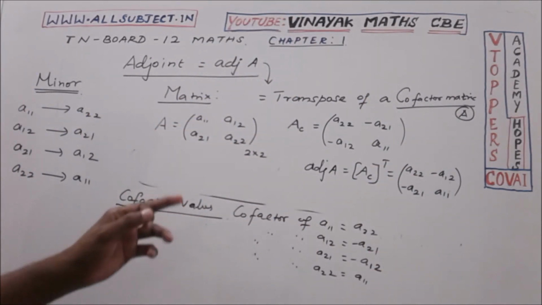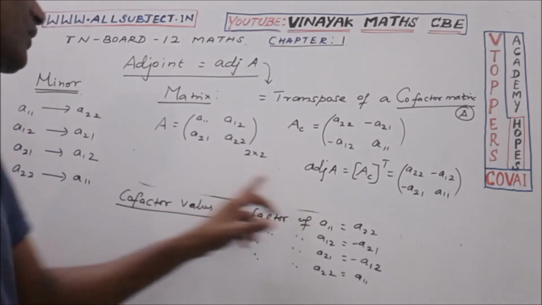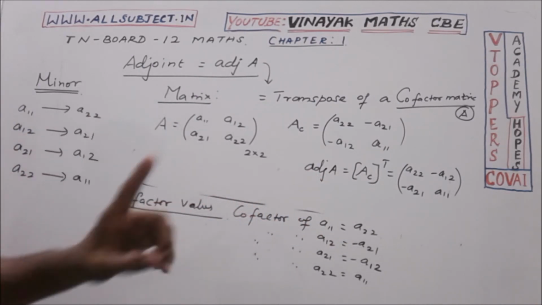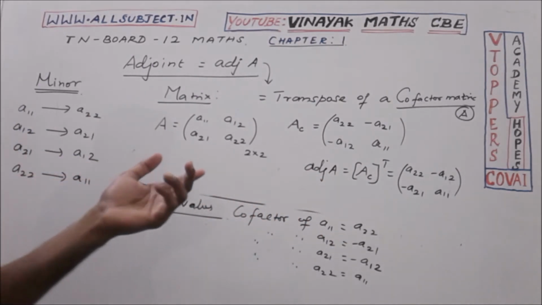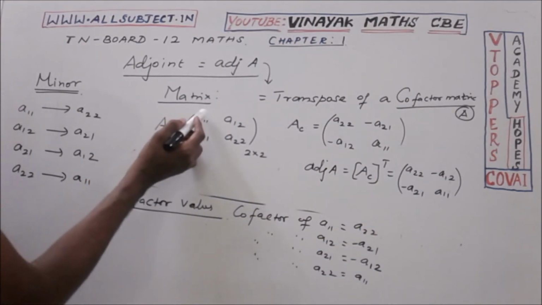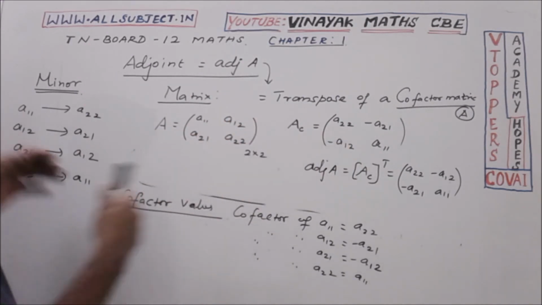It is clear, it seems. A matrix is given. To find its adjoint, you need not follow this many steps. If it is for 1 mark, you can directly calculate its adjoint by interchanging the leading diagonal and changing the sign of the secondary diagonal.